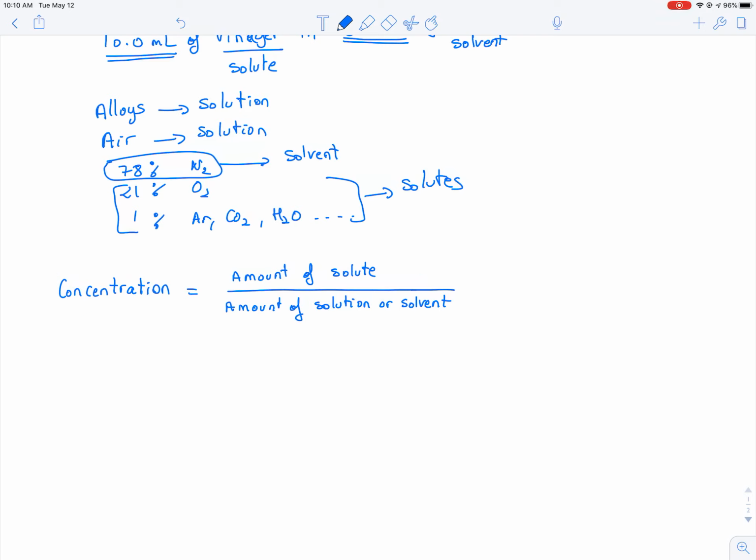Because if you think about the word amount, it could be moles, could be grams, could be volume, could be liters. So there is a variety. So that's why I say that concentration here is really the general term.